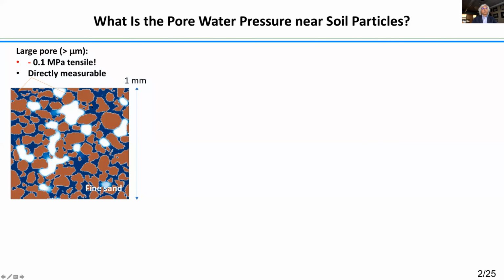If you look at the larger pore, the pressure under the partially saturated condition is actually negative. We have to be careful when we say negative, it means less than atmospheric pressure. This is simply because of the water, which we call capillary, forming this curved interface. And the pressure magnitude could be lower than atmospheric by about 0.1 megapascal.